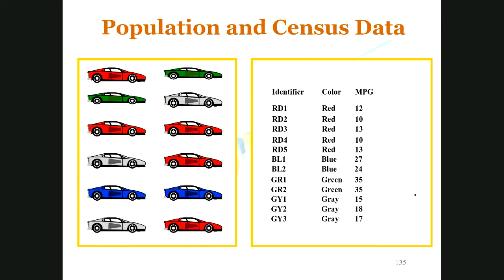Remember what has been said in the videos and what I've said. Usually you don't have a population of whatever you're measuring as low as 12. It can be hundreds, thousands, millions, whatever. You usually only have access to a sample. Here you have access to a population, so you can actually determine whether red cars have a better MPG than green cars. And you'll notice there's only 2 green cars. That size is really small.